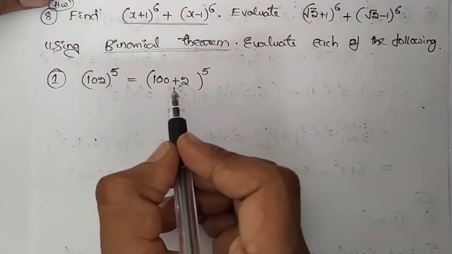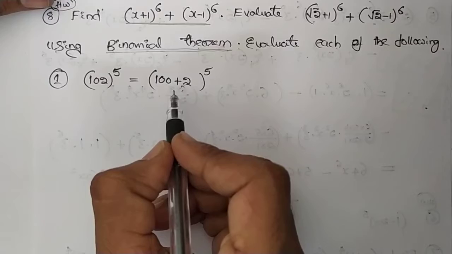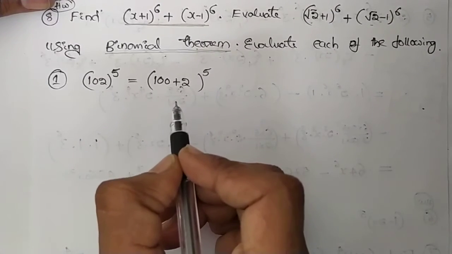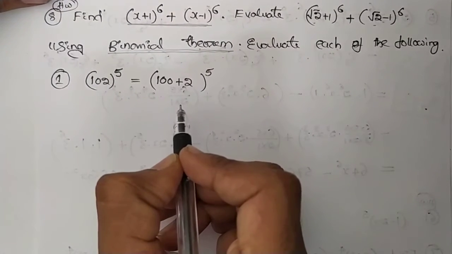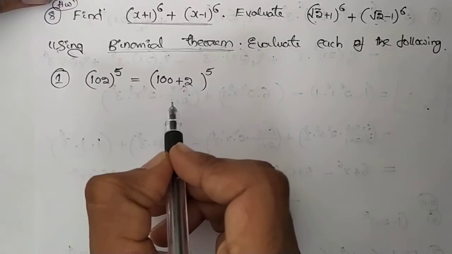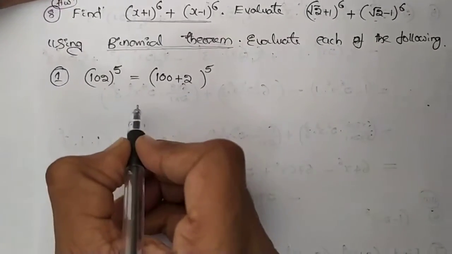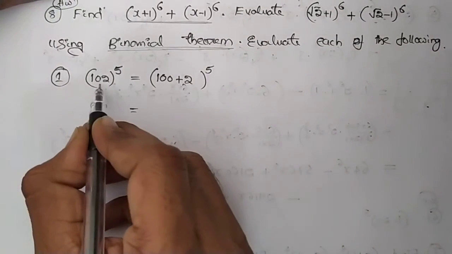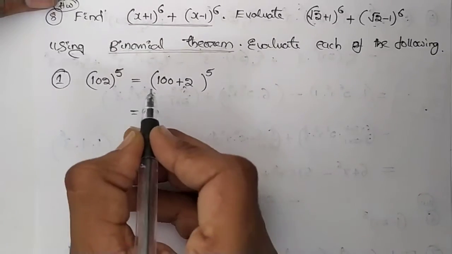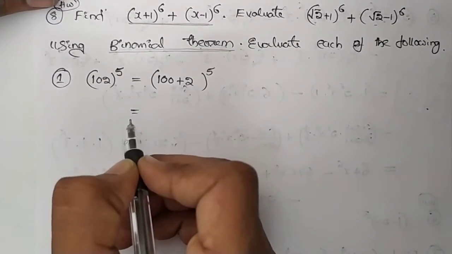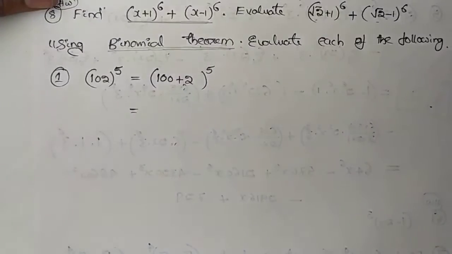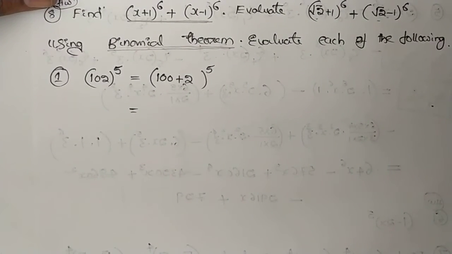Compared to 100 whole power 5, 99 whole power 5 is very difficult. So I am taking 100. That is, 102 can also be written as (100 plus 2) whole power 5. Now you can apply the binomial theorem.